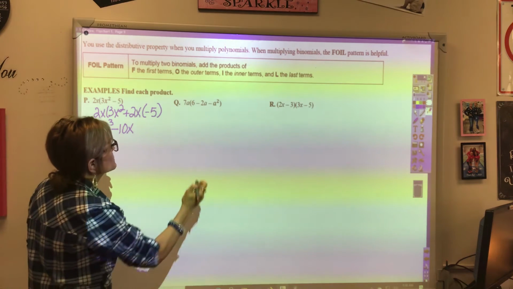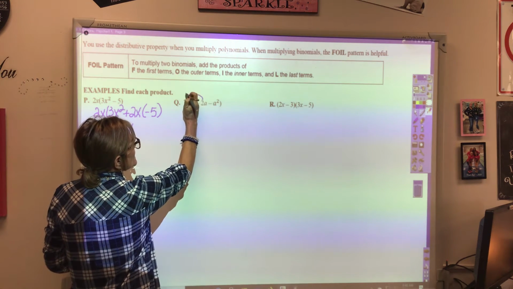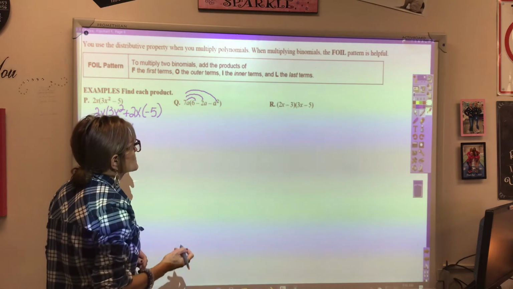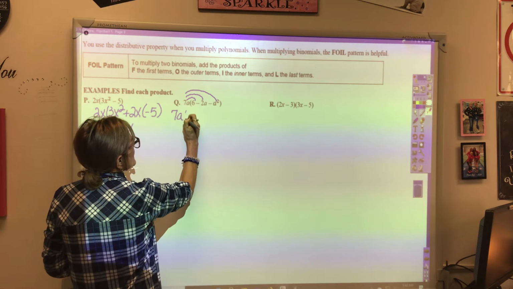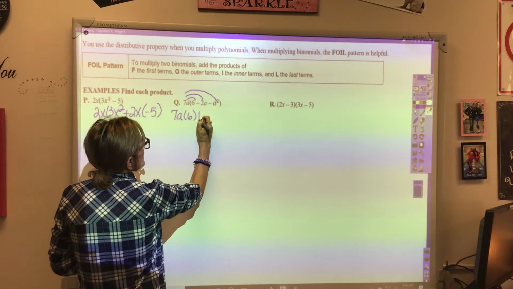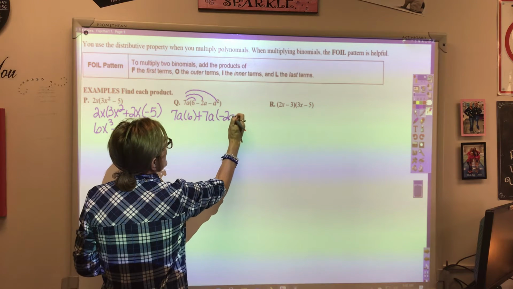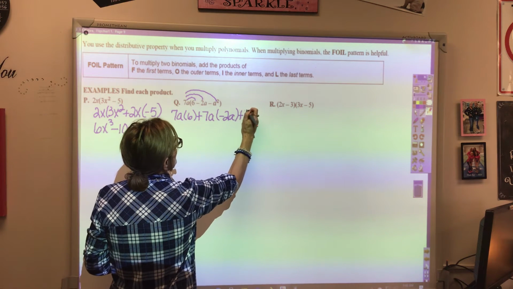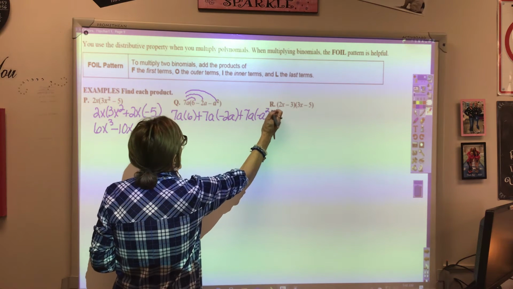The distributive property, another way to look at it, is you're just multiplying everything on the outside by what's on the inside. So I would have 7a times 6 plus 7a times negative 2a plus 7a times negative a squared.